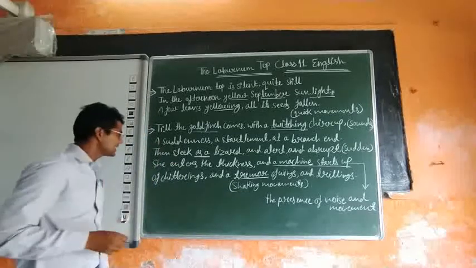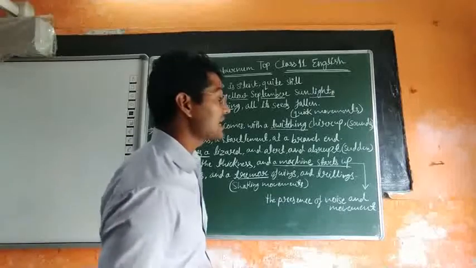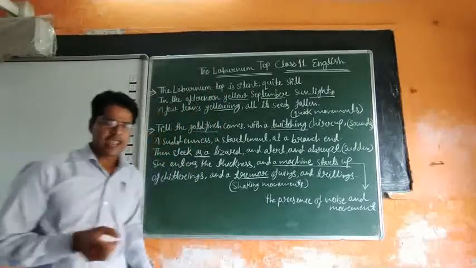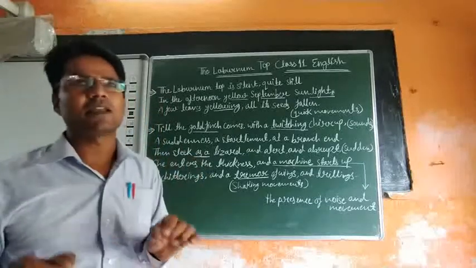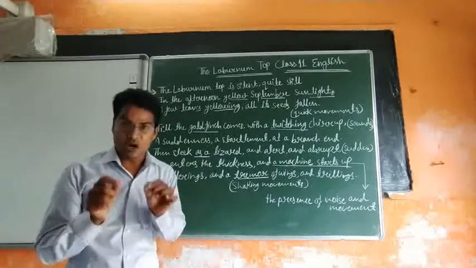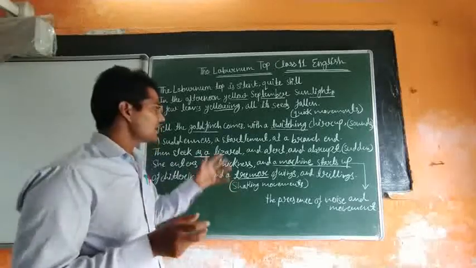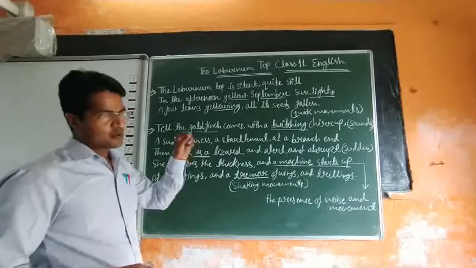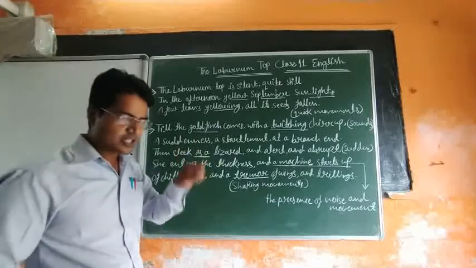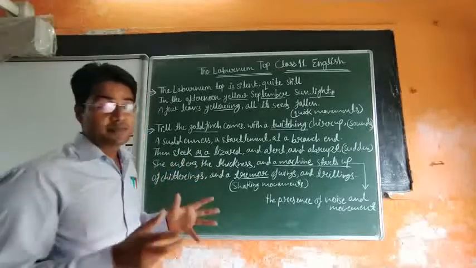Last second line: she enters the thickness and a machine starts. Dear student, when a machine starts up, a lot of sounds and noise spread everywhere. Just like when the goldfinch came and sat on the branch of the tree, a machine started up the whole tree.